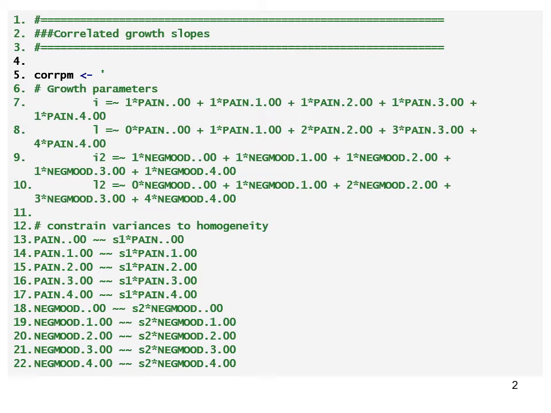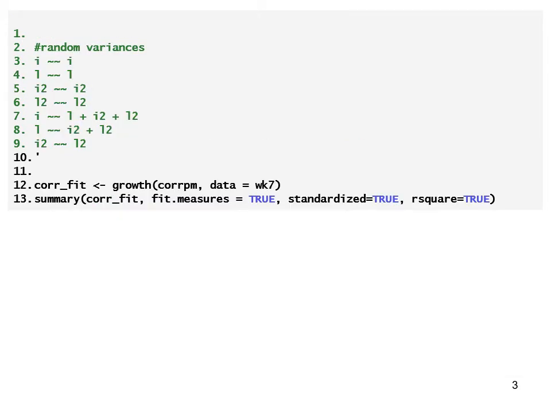And lines 13 through 17 give all the pain residuals homogeneous variance, and lines 18 through 22 do the same for negative mood. And lines 3 through 9 let all 4 latent variables, both intercepts and both slopes, fully correlate, as you saw in that picture 2 slides back.